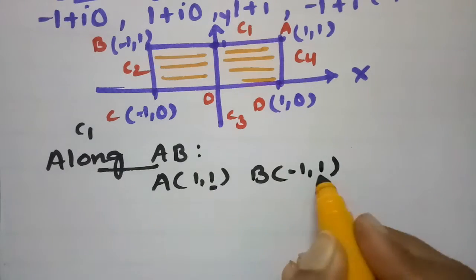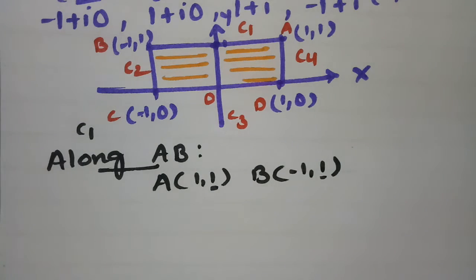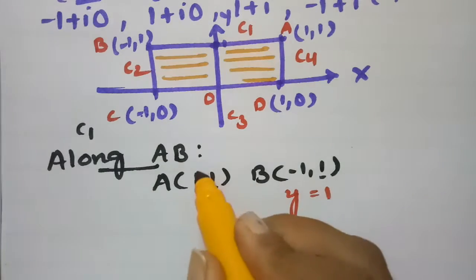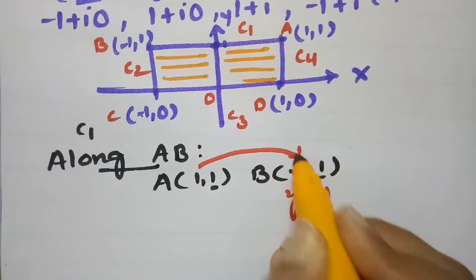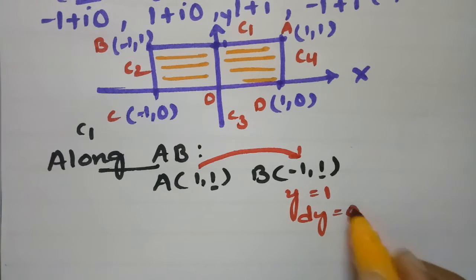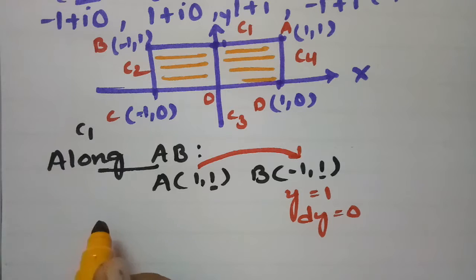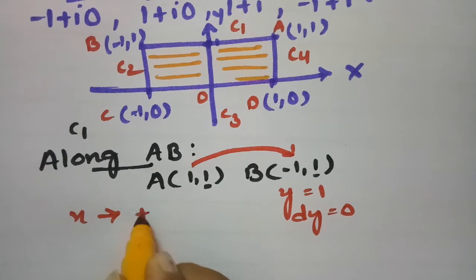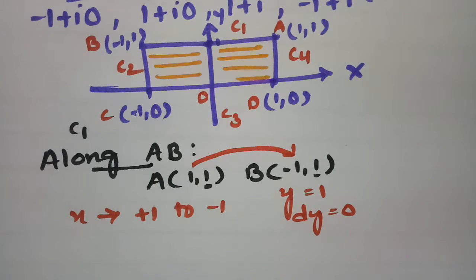Here if you observe, y is a stable value, a constant value, 1. Y doesn't change. And x varies from +1 to -1. So y is equal to 1 and dy is equal to 0, since the derivative of a constant is 0.